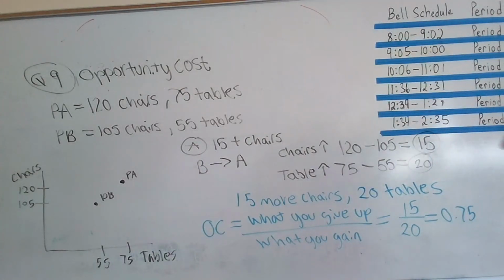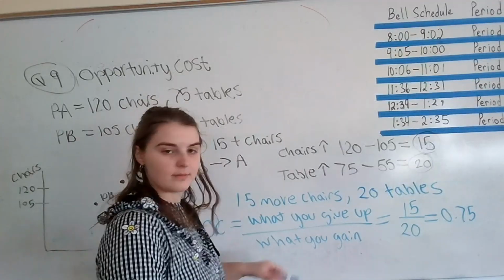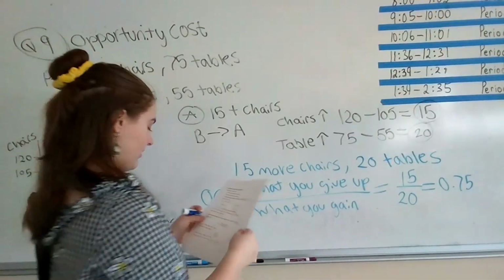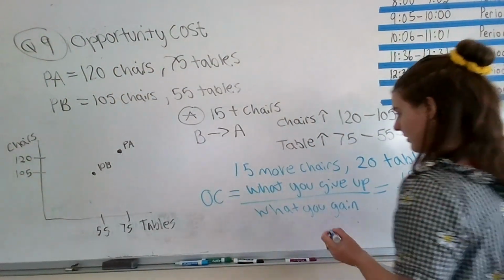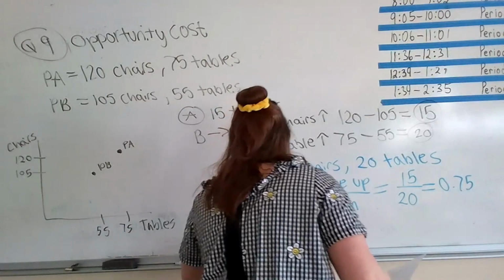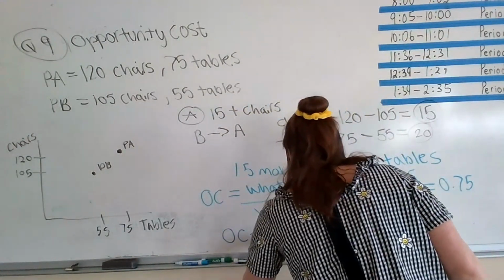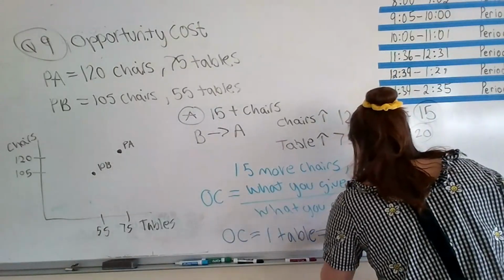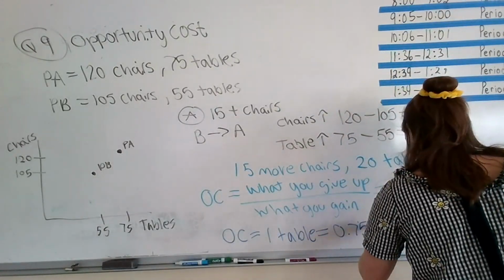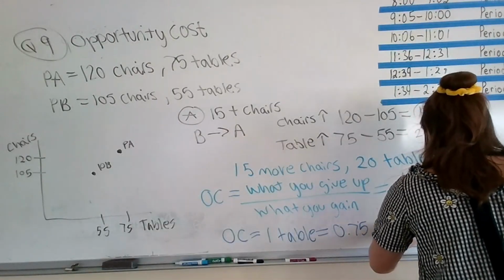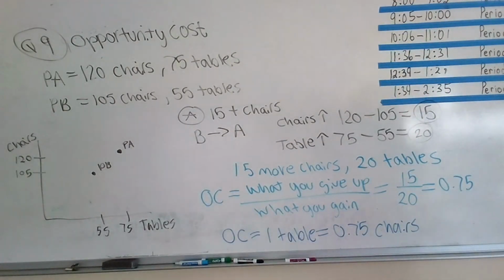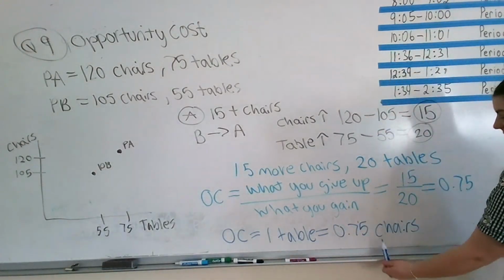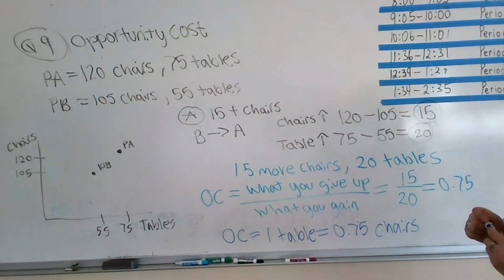So the opportunity cost of one table is 0.75 chairs. Meaning, to produce one table, we give up producing 0.75 more chairs.